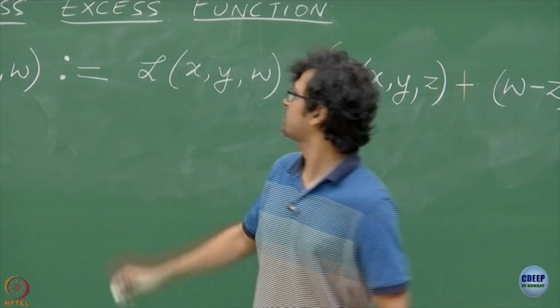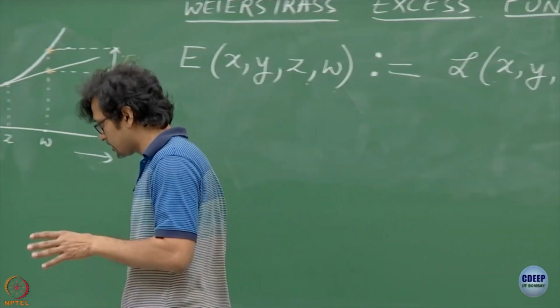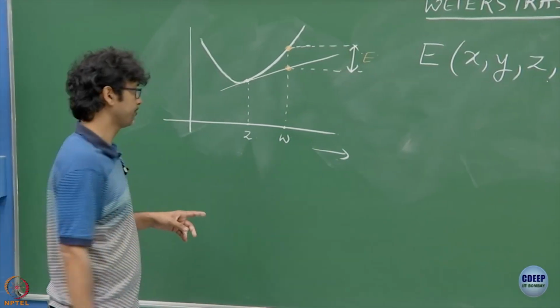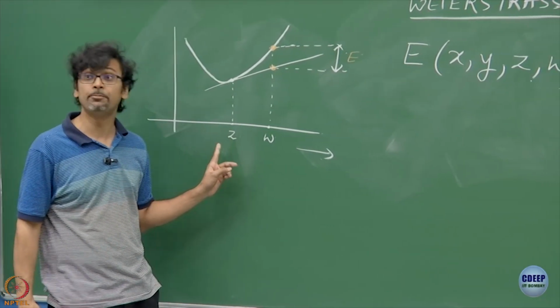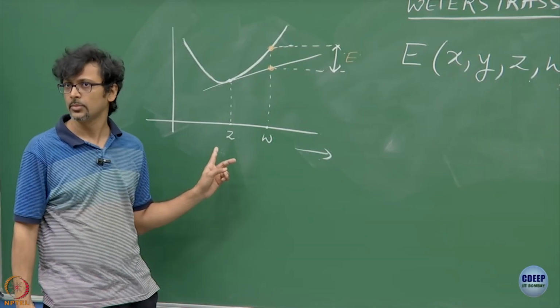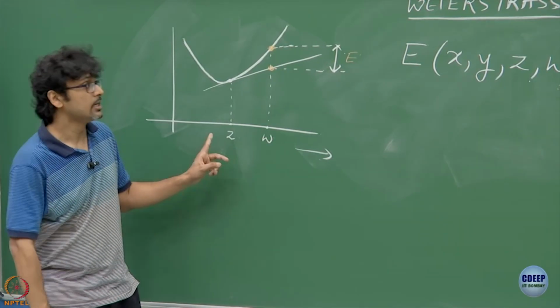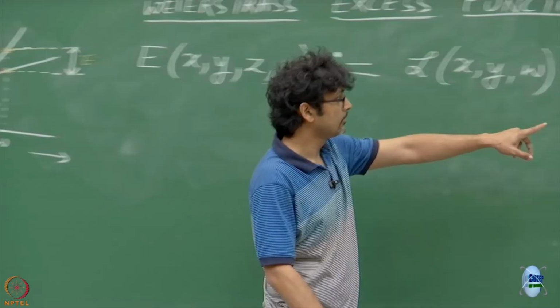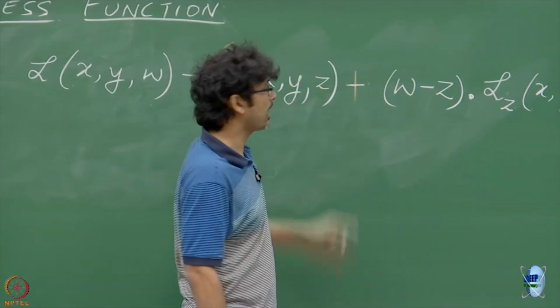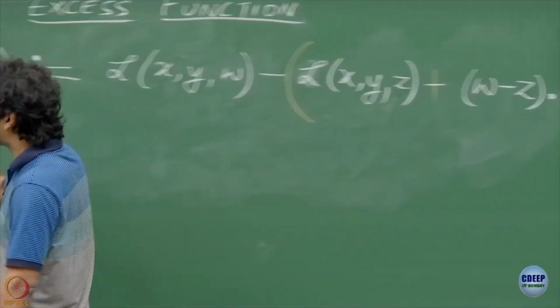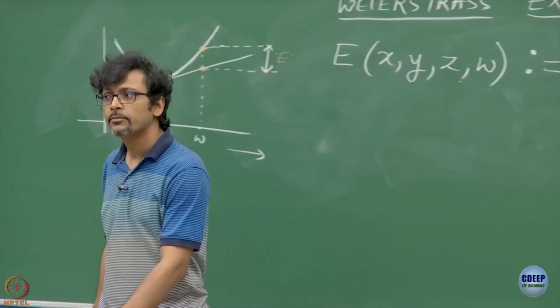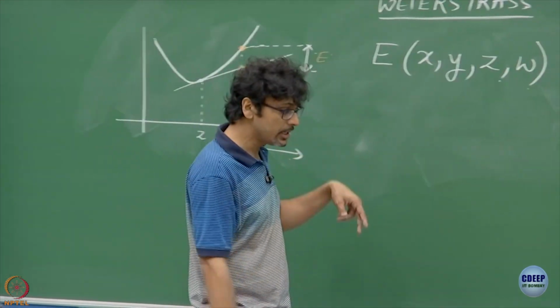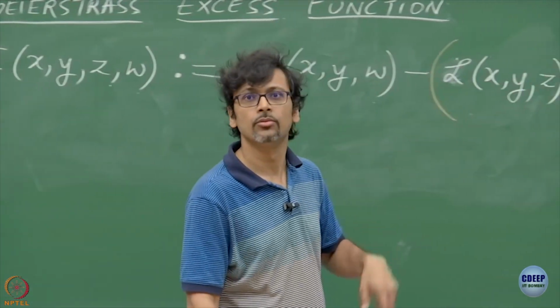What Weierstrass's excess function based approach will tell us is that if you choose this third argument z as y prime, and you let w be any other possible choice, then this excess function would be greater than or equal to 0.